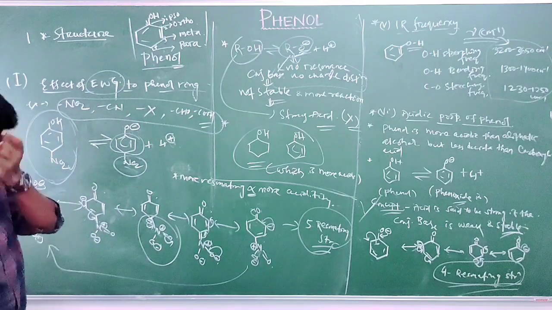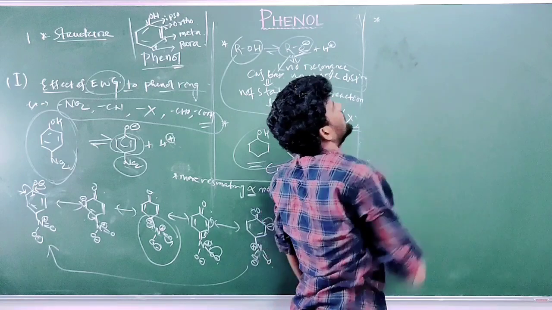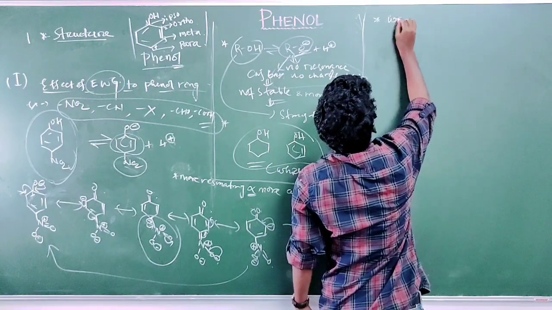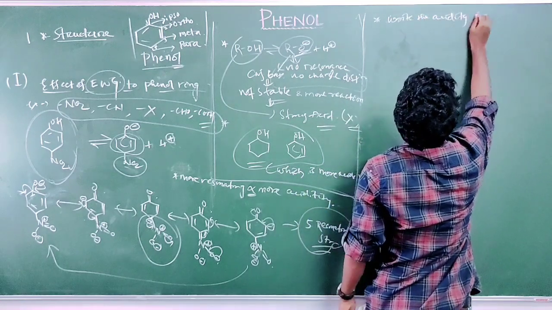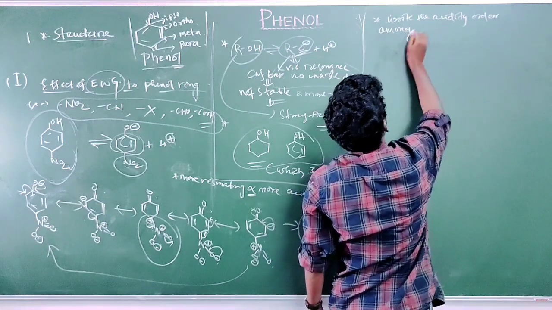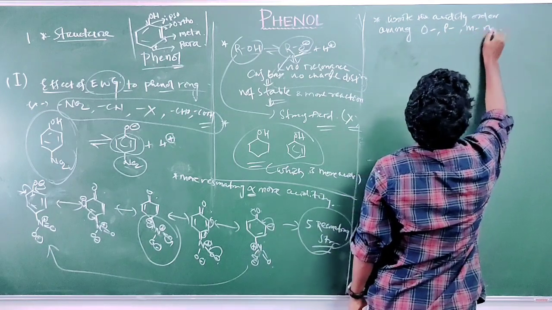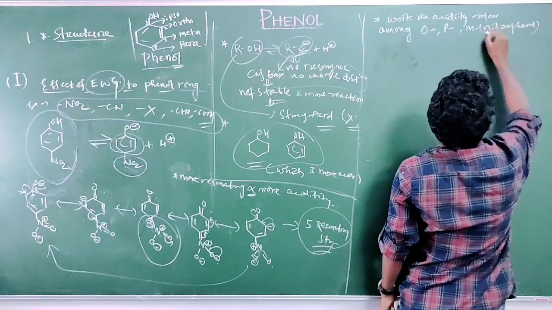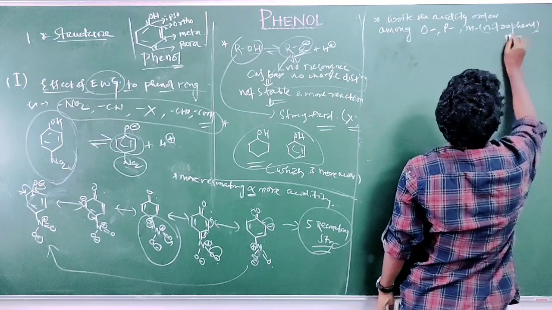Okay, look at this side. Let us take a question from the entrance corner. The question is: write the acidity order among ortho nitrophenol, para nitrophenol, meta nitrophenol, and also phenol.